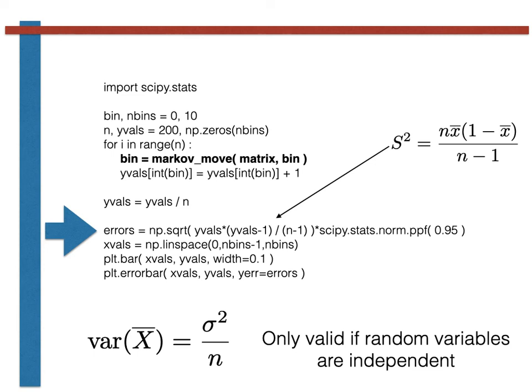We have sampled a Markov chain, though, so we know that the list of random variables that we have generated are not independent. We thus cannot use this expression to calculate an estimate of the variance of the mean. If we do use it, we will underestimate this variance of the mean, as we will not have taken the correlations between our random variables into account.